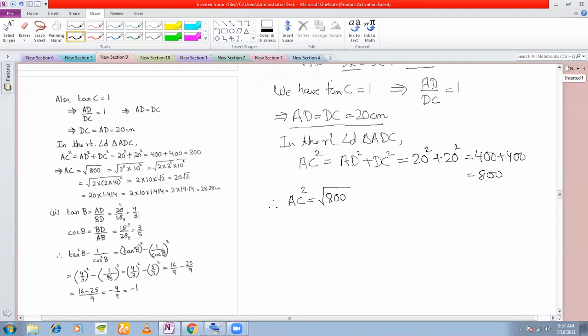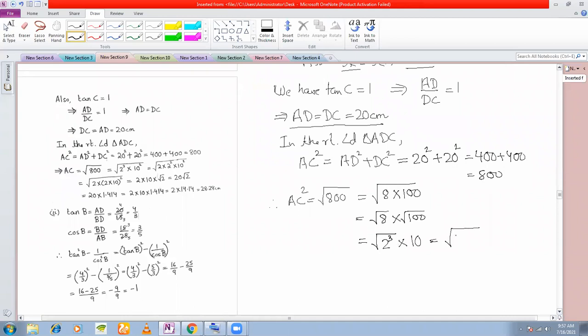And how do you find out? You can prime factorize 800, or you can simply write this as square root of 8 into 100, which is equal to square root of 8 into square root of 100. And now you can prime factorize square root of 8 to be 2 cube, into square root of 100 is 10.